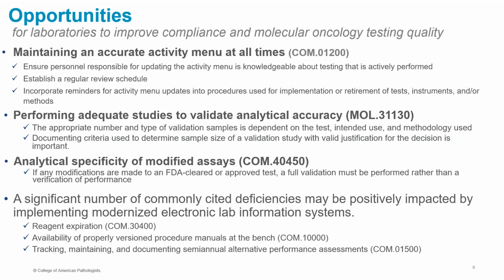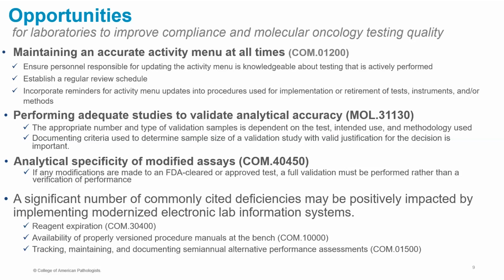Next, performing adequate validation studies for analytical accuracy. The appropriate number and type of validation samples is dependent on the test, its intended use, and the methodology used. And so documenting criteria used to determine sample size of a validation study with valid justification for the decision is important and can be very useful during an inspection process.